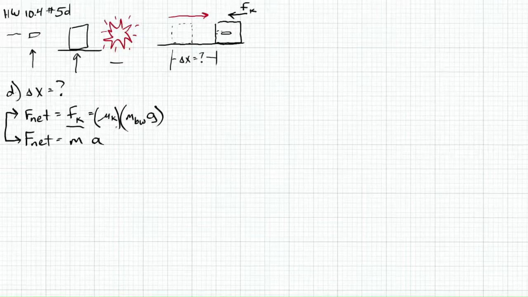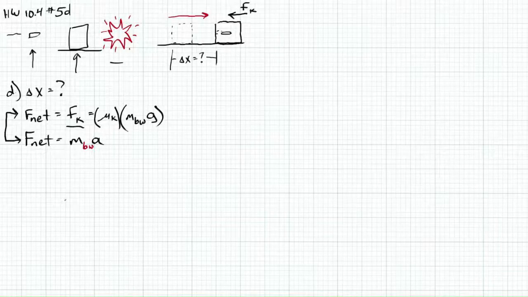In this case it's a deceleration, because this net force of kinetic friction is decelerating this block to a stop. What mass is this? It's the bullet and wood combination. So let's set these equal to each other, since they both equal net force, and solve for the deceleration.